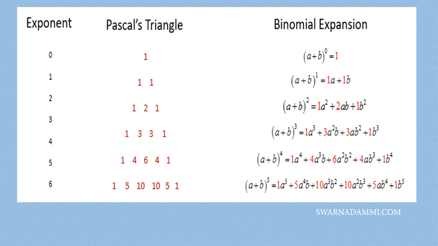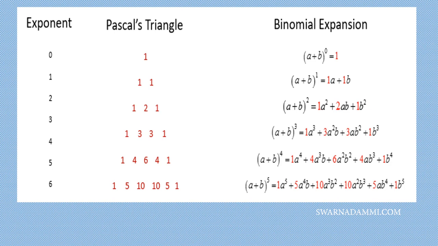Consider the Pascal triangle I have given you. In the first expansion, (a + b)^0 equals 1, since the exponent here is 0. In the Pascal triangle also, the first line indicates 1.